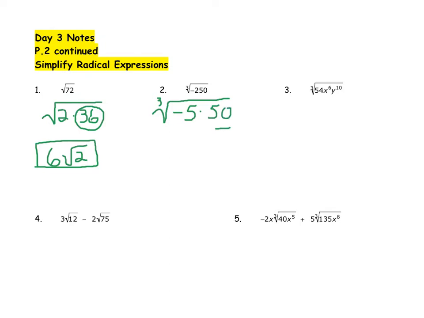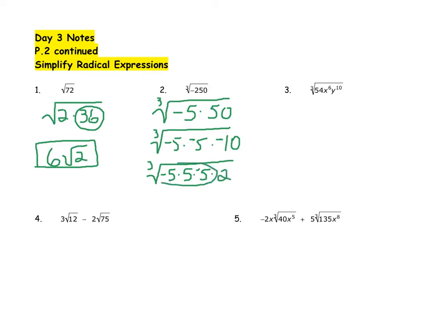Alright, now I'm going to be able to rewrite that as a negative 5 times another negative 5 times a negative 10. Now I've got 3 negatives multiplying. I've got a negative under the radical, and then finally I can rewrite it as a negative 5 times a negative 5 times a negative 5 times a 2.